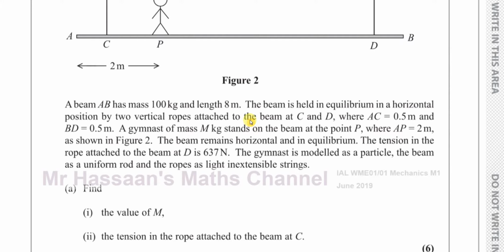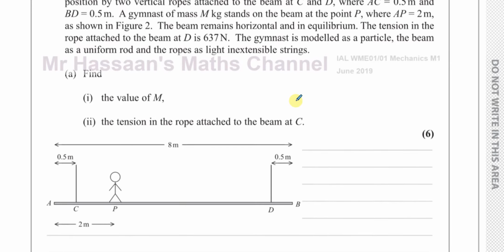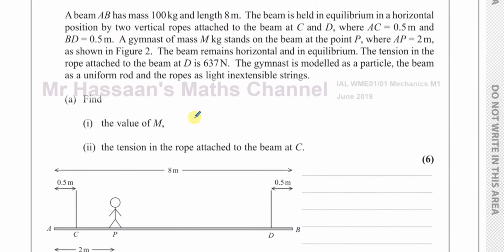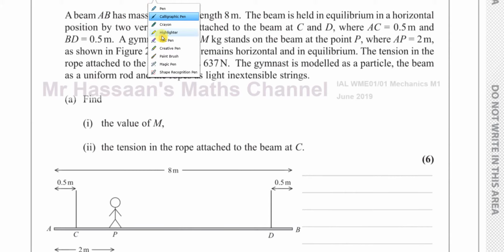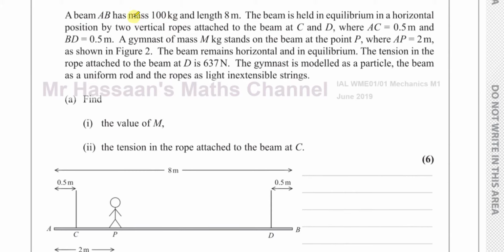I've got a copy of the diagram down here so I can put in all the values we need. The first thing to focus on is that the mass is 100 kilograms, and that it's a uniform rod.